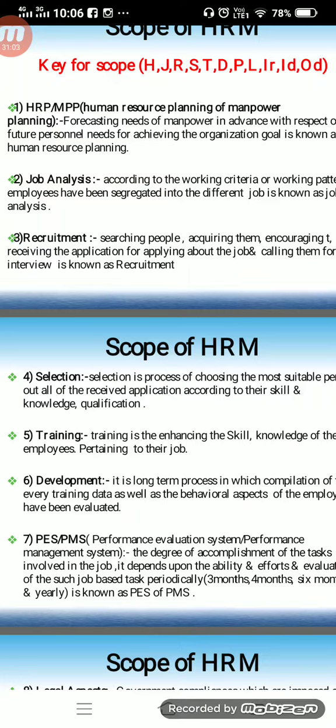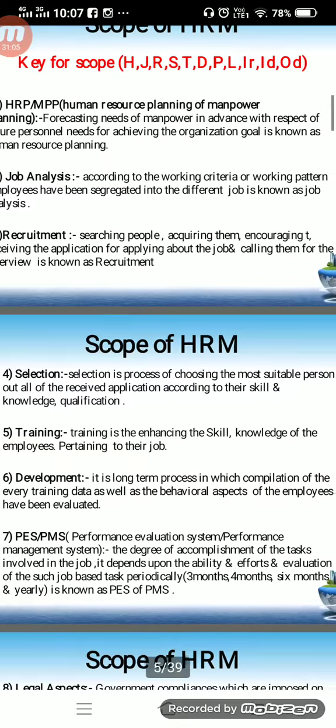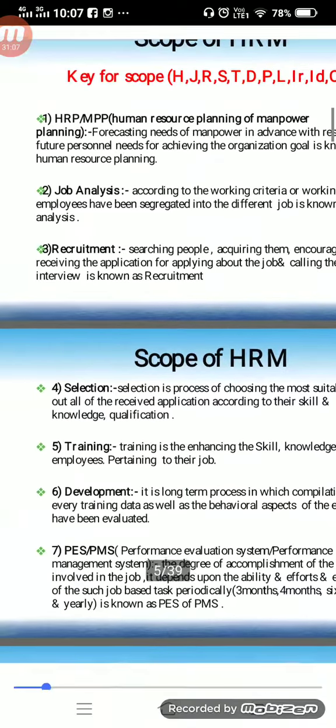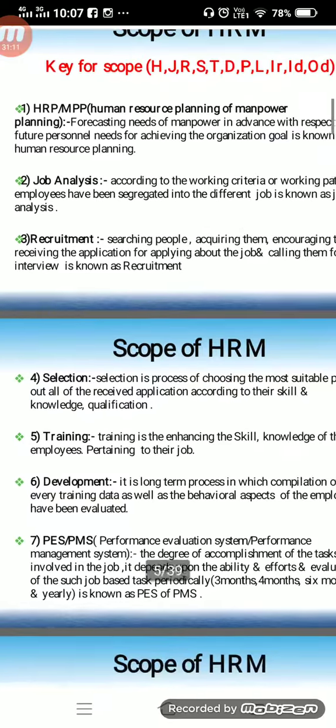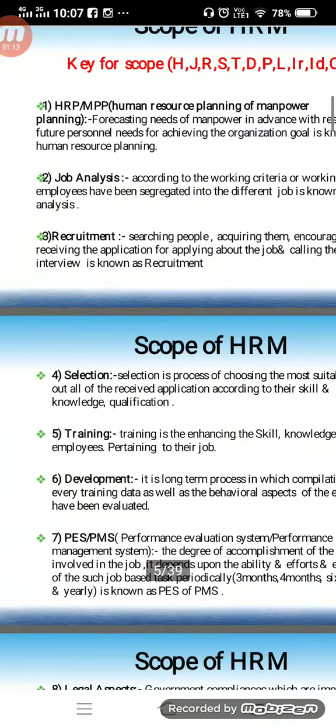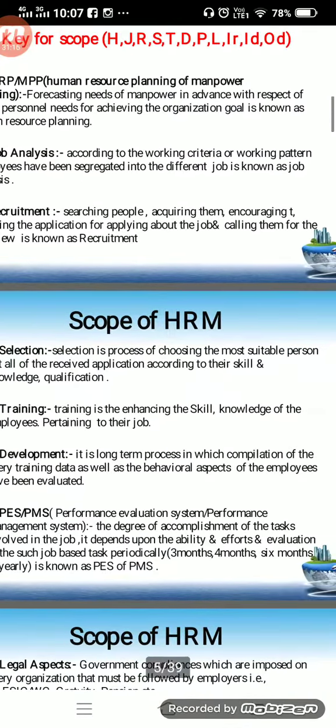Selection is the process of choosing the most suitable person out of all the received applications according to their skill, knowledge and qualification. For example, on the recruitment side we have got many applications, and then by screening we select the applicant who has particular knowledge for the organization.